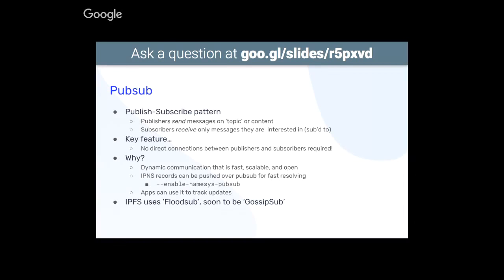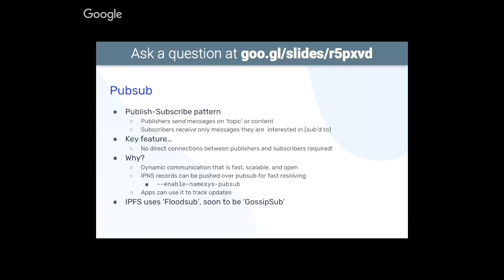And you get a much faster resolving of those hashes. To enable this, you can actually use it now. There's an additional flag that you'll have to run when you start up your IPFS daemon, and that is the enable namesys pubsub feature. And I do highly recommend that you use that because it does speed up IPNS resolving quite quickly.